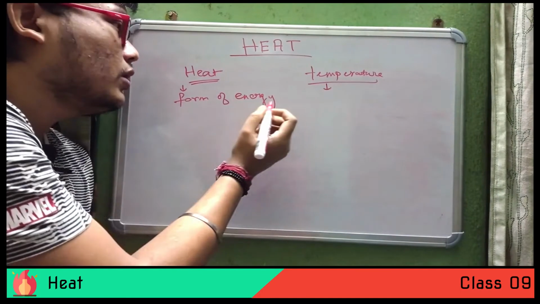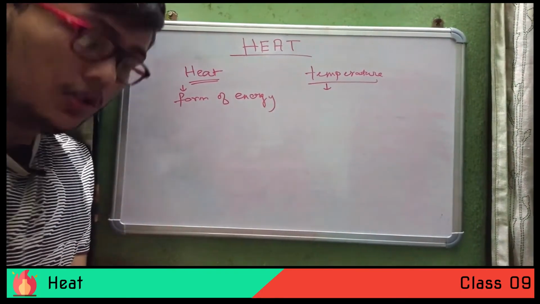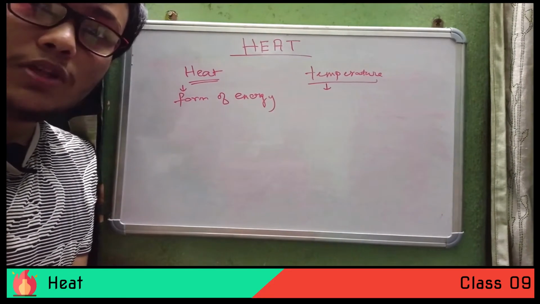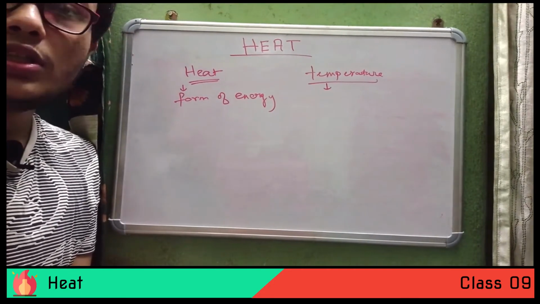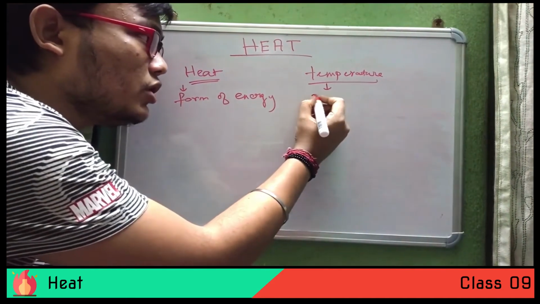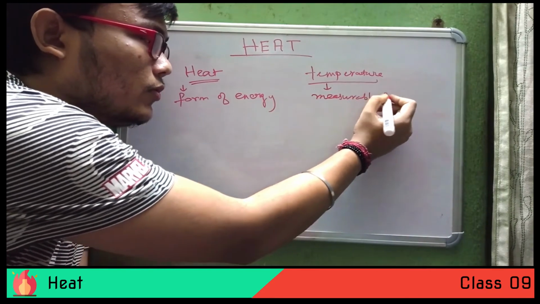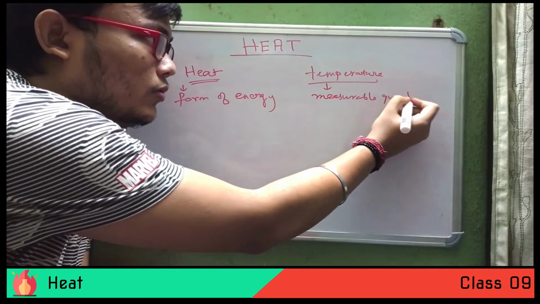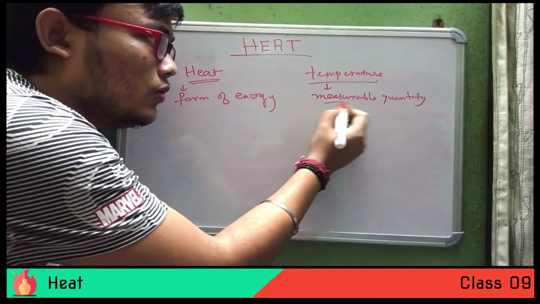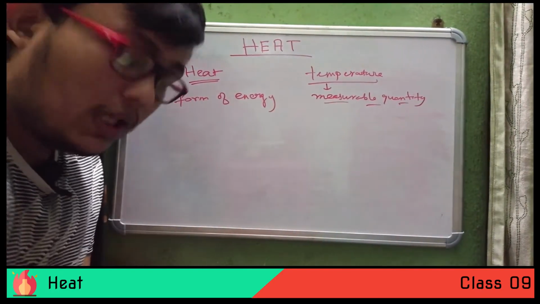Temperature, on the other hand, is a measurable quantity. Like we can measure our body temperature with the help of a thermometer, right? It is a measurable quantity which can be measured with the help of a thermometer.